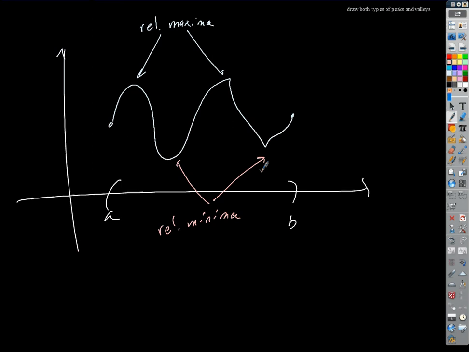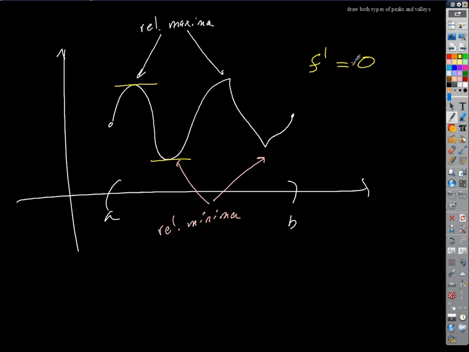So how would you describe a tangent line that has slope of 0? It's horizontal. So one place that this could happen is where we get horizontal tangent lines, which means those are places where, if this function is f, f prime is 0.